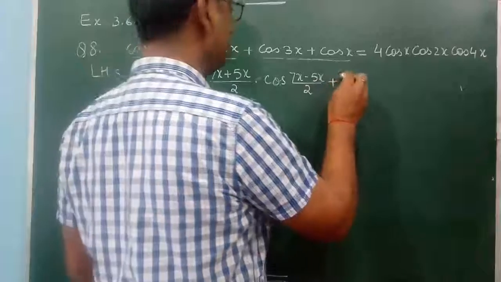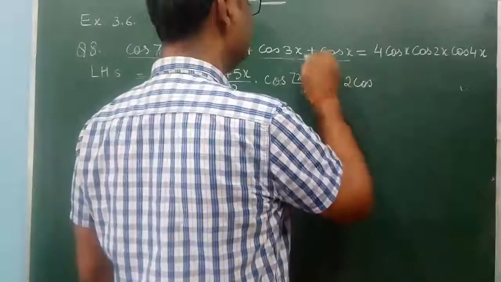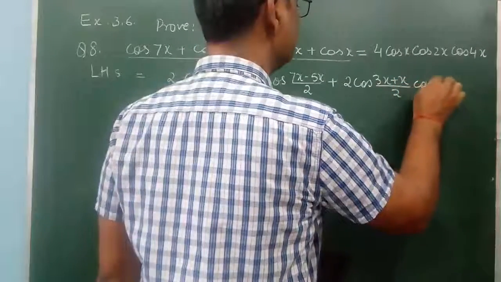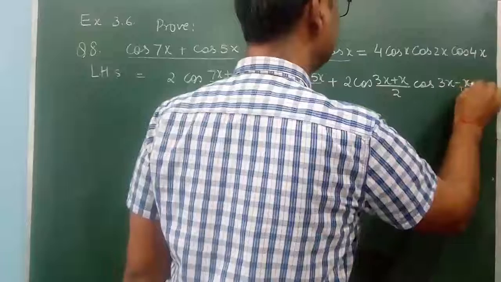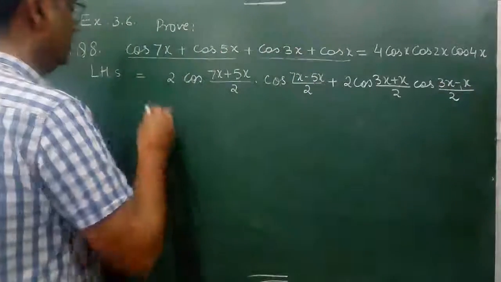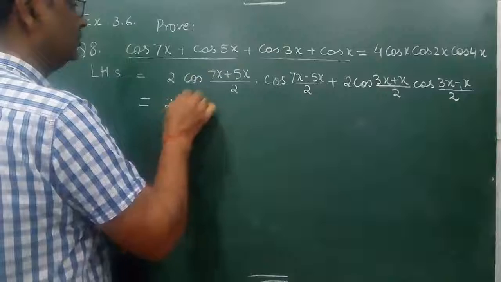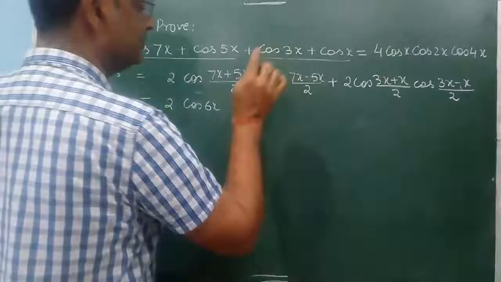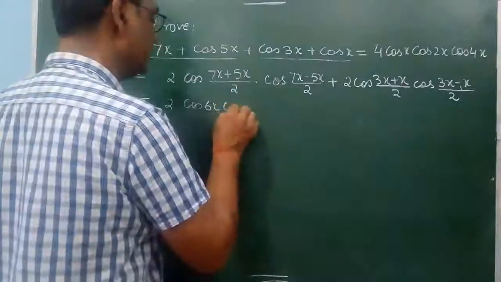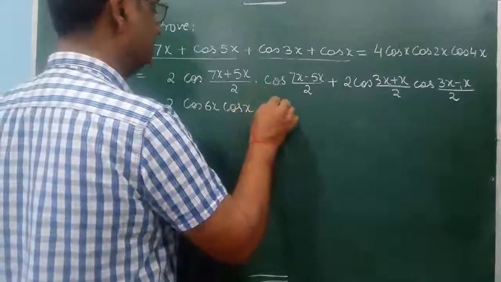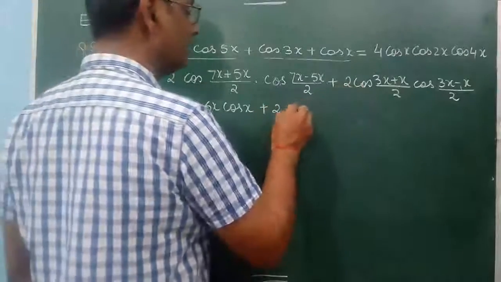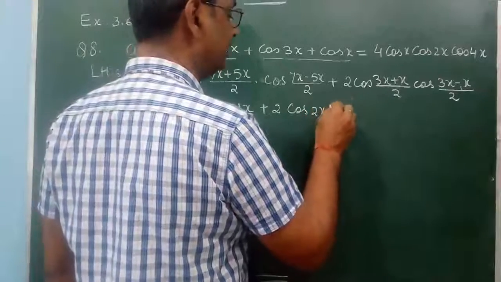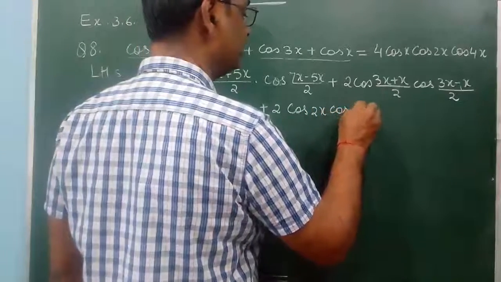Cos C plus cos D is 2 cos (C plus D) by 2 into cos (C minus D) by 2. Now this one is equal to 2, this is 12 by 2 means cos 6x. This is 7x minus 5x, 2x. 2x by 2 means cos x, plus 2 cos 4x by 2 is 2x and this is cos 2x by 2 means cos x.